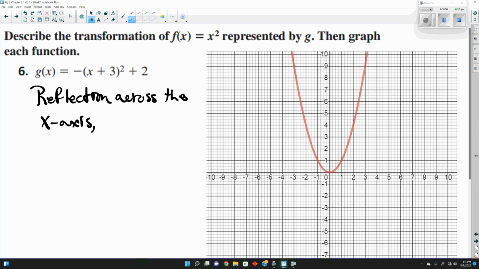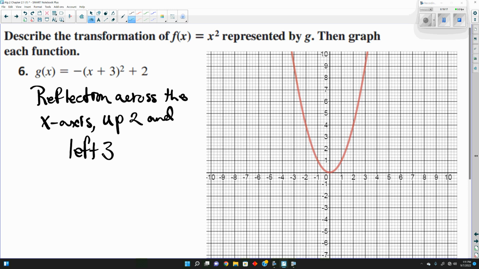Then, yeah, up 2 and that's it. Any other questions on this here?